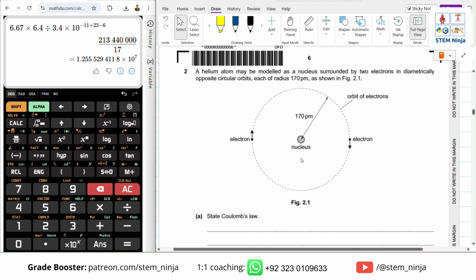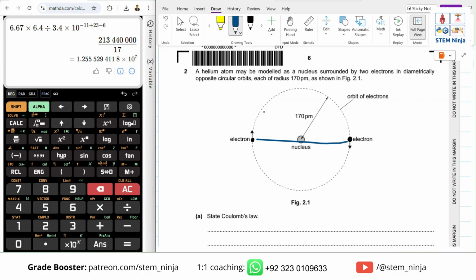A helium atom may be modeled as a nucleus surrounded by two electrons in diametrically opposite circular orbits. Diametrically opposite means that these electrons are literally opposite to each other at a diameter's length. State Coulomb's law.